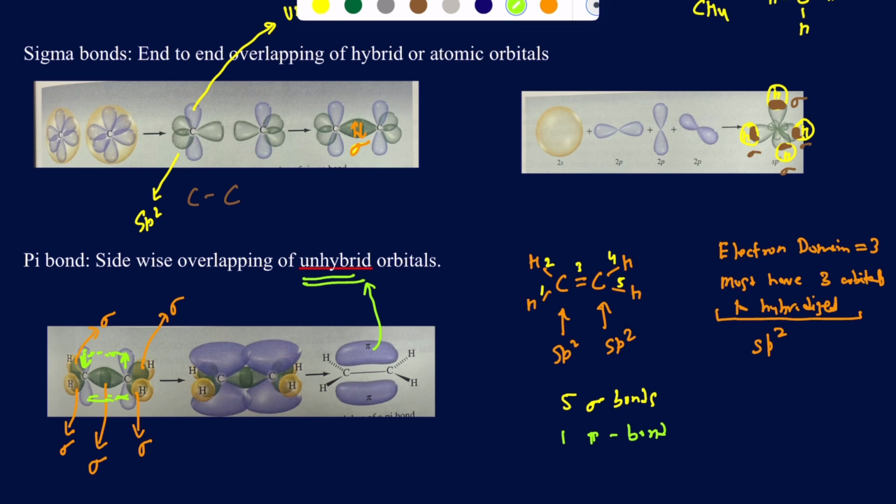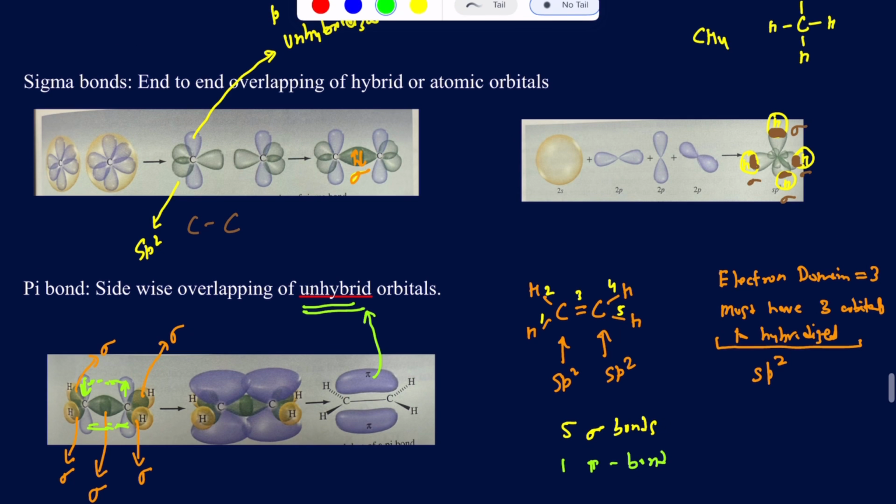So remember the difference between the sigma and pi bond. The sigma bond is an end-to-end overlapping of typically hybrid orbitals, but sometimes just atomic orbitals as well, like in the case of hydrogens. And a pi bond is a sidewise overlapping of unhybridized orbitals for the most part.